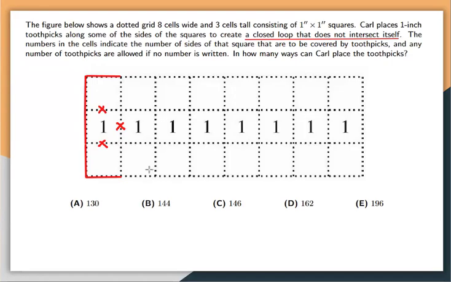The squares with ones need at least one toothpick around them, so we can have this one or this one, but not both at the same time. Maybe we can go downward from here, but we cannot go up that way, so we have to go this way if this is the toothpick we use.